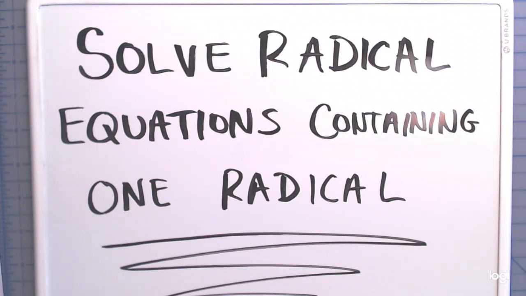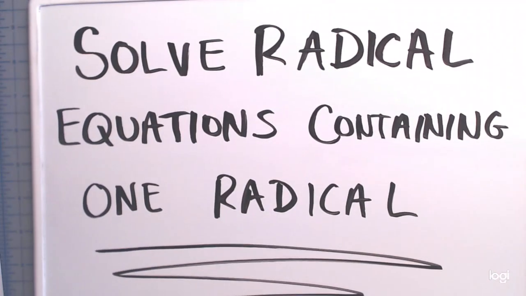That's what it means to solve any equation. I'll also point out the steps I'm following, and I will be following the same steps every single time. So let's begin.